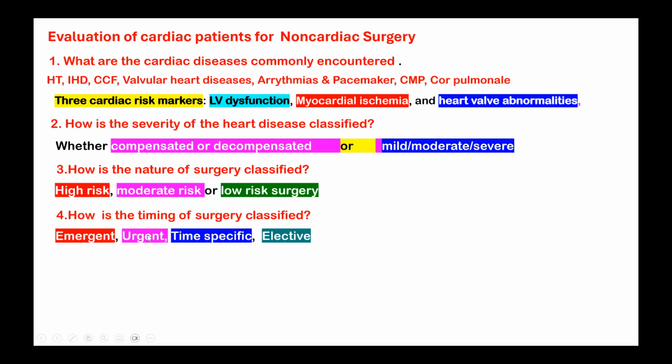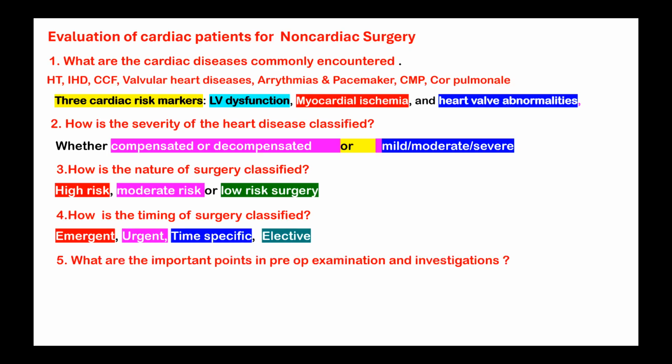For example, a patient with impending pulmonary edema with pulmonary crackles, dyspnea, and desaturation, you can give some diuretic and wait for some time, see whether he passes urine, and then see whether the pulmonary congestion relieves and whether there is any improvement in the oxygenation, then you can proceed. So this is the urgent. And the third one is time-specific, and the fourth one is the elective nature of the disease.